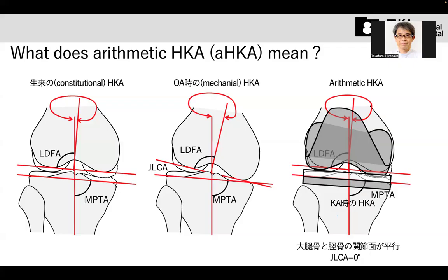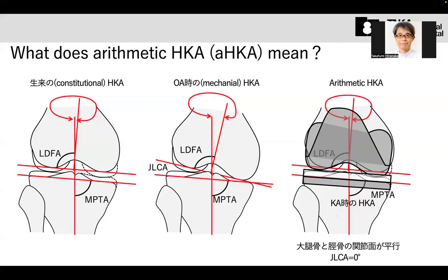We should apply 90 degrees of MPTA and 90 degrees of LDFA in all patients, regardless of the patient's native anatomy or variety. But in kinematic alignment TKA, we should respect the patient's native joint line, native alignment, and native soft tissue balance. So the aim of kinematic alignment is just to restore the patient's native joint line.